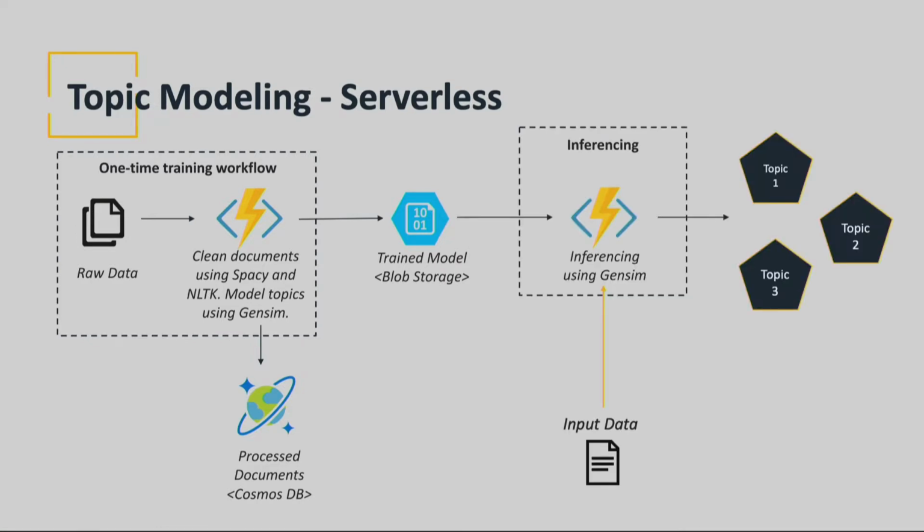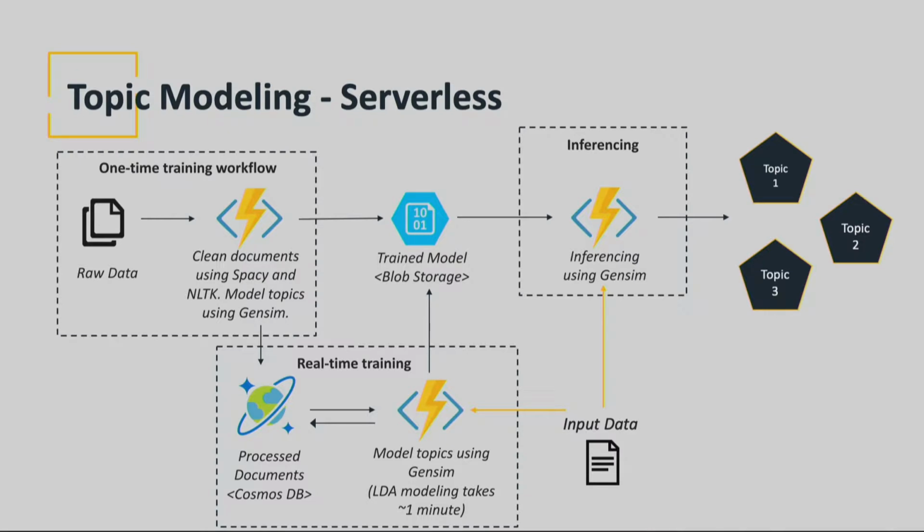The second component was to set up the inferencing function that would take this trained model and be invoked on any new input data that it saw, whether over an HTTP request or blob storage, et cetera, and run a prediction to produce output in terms of the topics that were predicted over that input text.